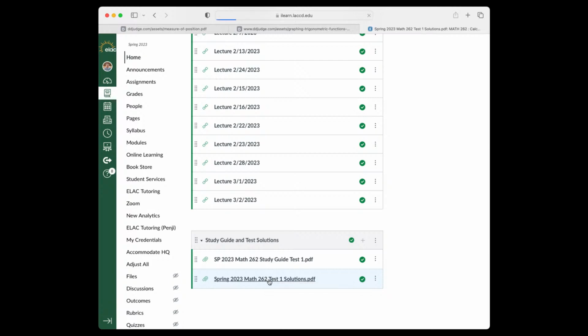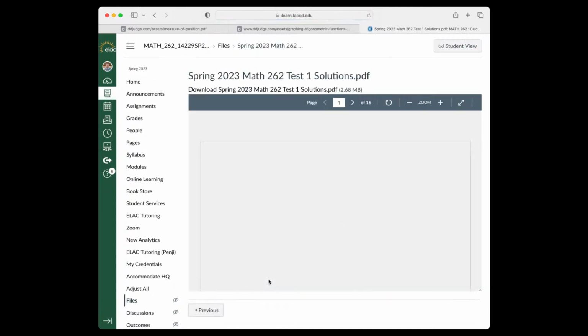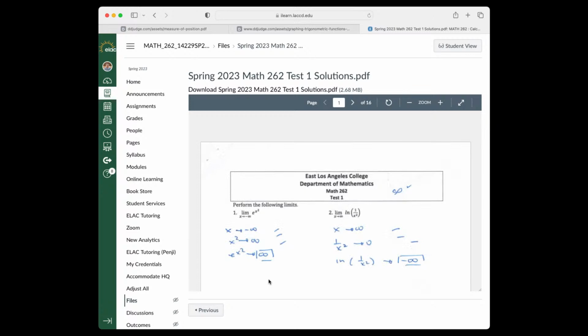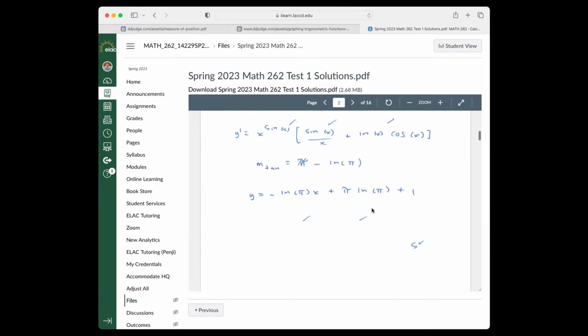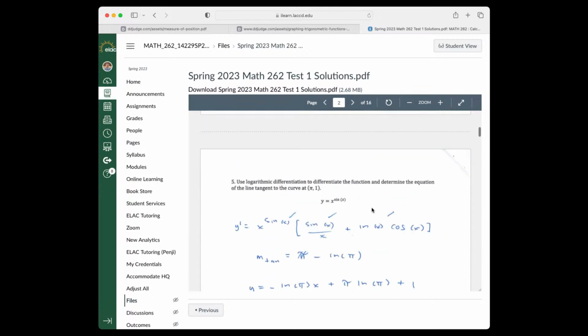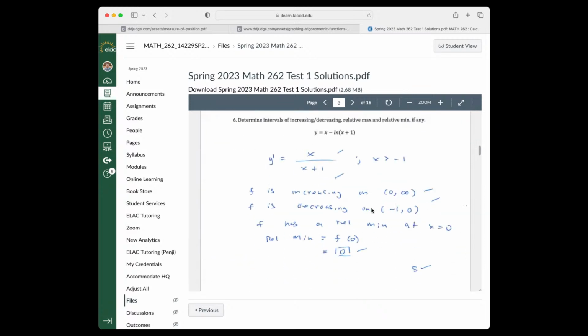What I have also posted in Canvas in the module called Study Guide and Test Solutions is the test solutions. There were about 50 check marks. There are 50 things that I look for when I grade, and I'm looking for correct things. As you can see, there are all these check marks by what I'm looking for.